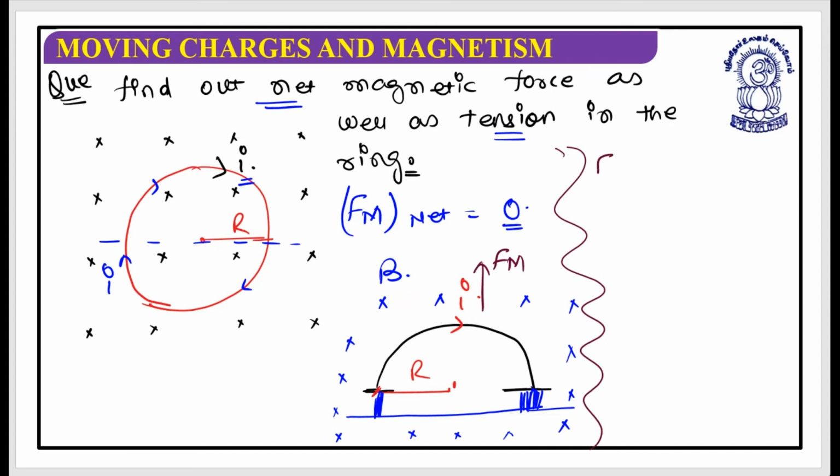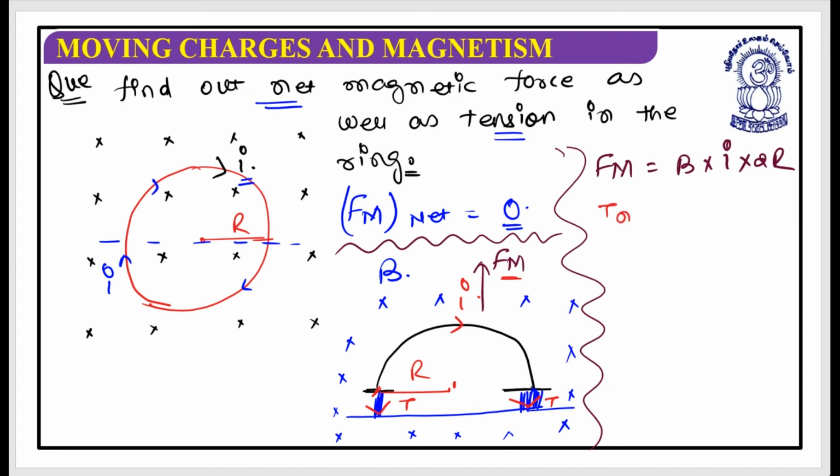this Fm could be written as B into I into 2R. I hope this is clear. Now as this force is acting in the upward direction, this magnetic force is going to stretch this, and due to this there is a tension developed in these two strings.